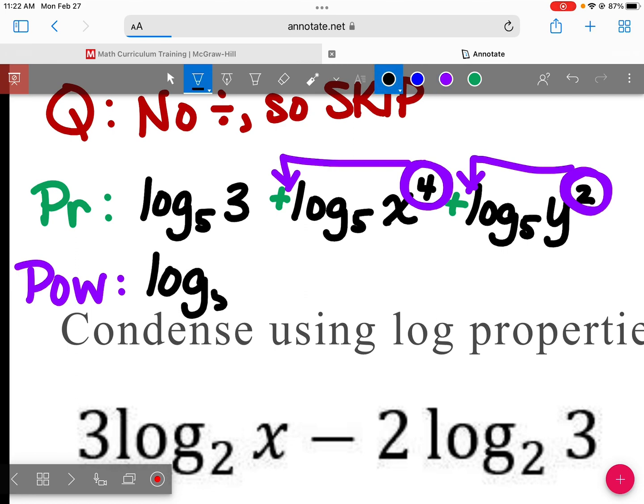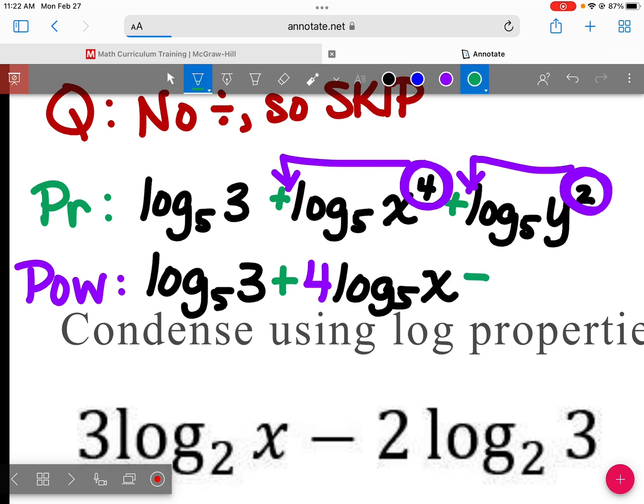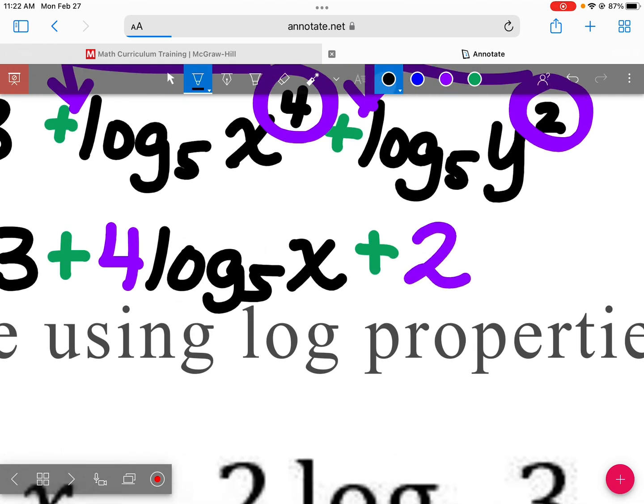So log base 5 of 3 plus 4 log base 5 of x plus 2 log base 5 of y.